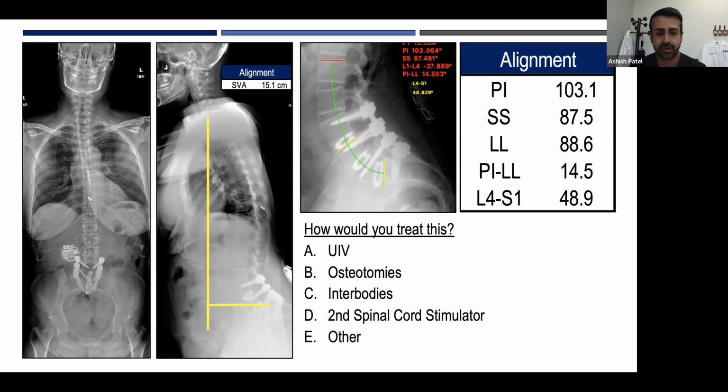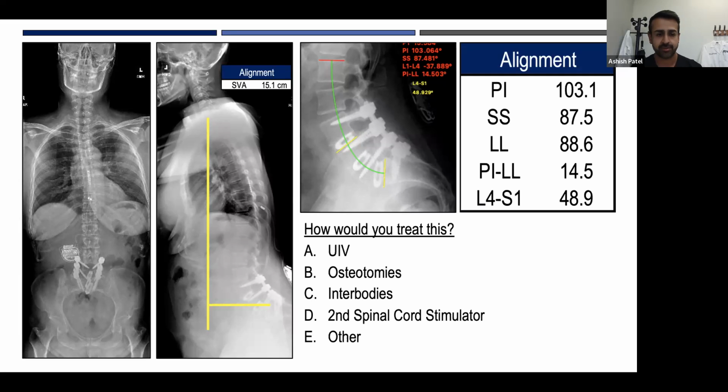Yeah, that's right. If you look at this, it was something I posted on LinkedIn. Another great thing on LinkedIn is that you can post difficult cases like this and see what sort of approaches people would use, and sometimes there's a bit of a consensus. If you look at the PI-LL, it's not terrible.